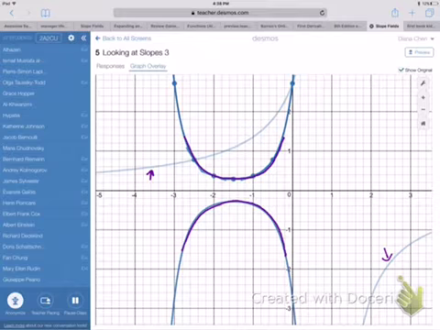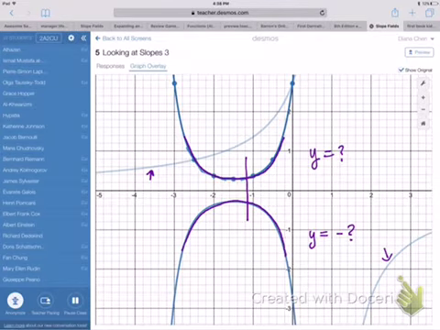And notice that it's not one function because it fails the vertical line test at pretty much every point. So, two different functions, y equals something, and y equals the negative something, because they're basically mirror images of each other over the x-axis.